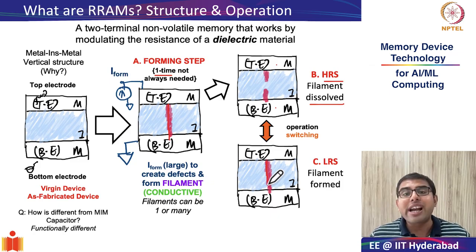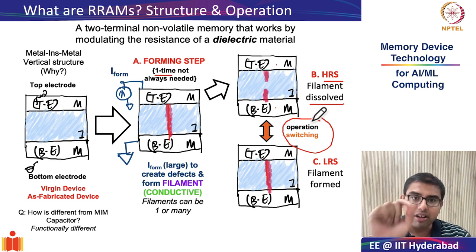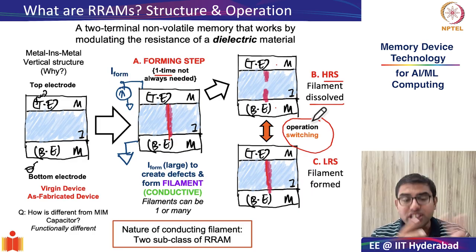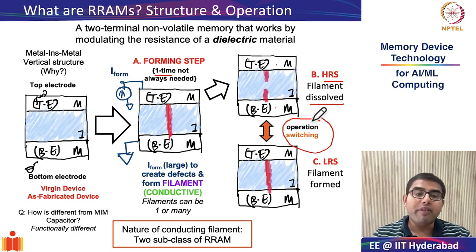So from formed state to dissolved state you switch from low resistance to high resistance, and when you can do this repeatably with high endurance back and forth, that is the key criterion here. Only when you can repeatably do it back and forth can you call it an RRAM device. Now, depending on the nature of this conductive filament and how the process of dissolution and formation of the filament happens, your RRAMs are broadly divided into two categories or two subclasses, and that is what we will see a little while later.